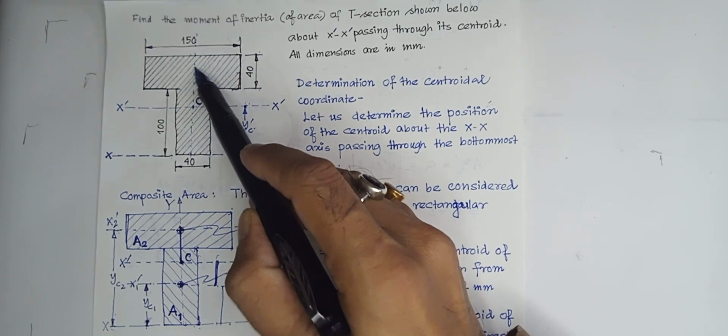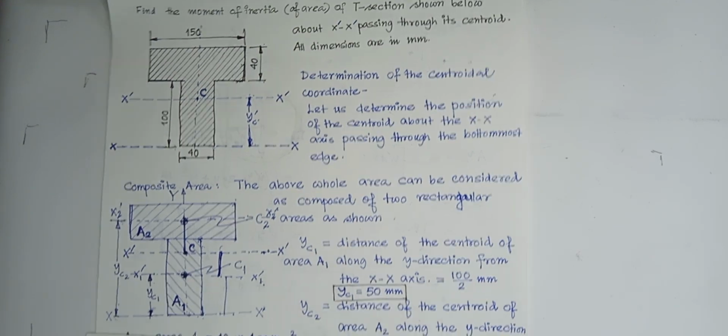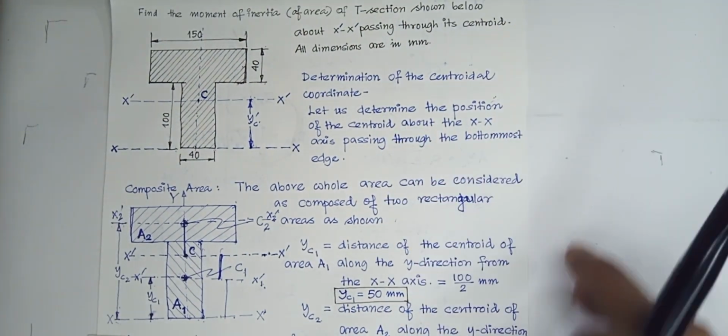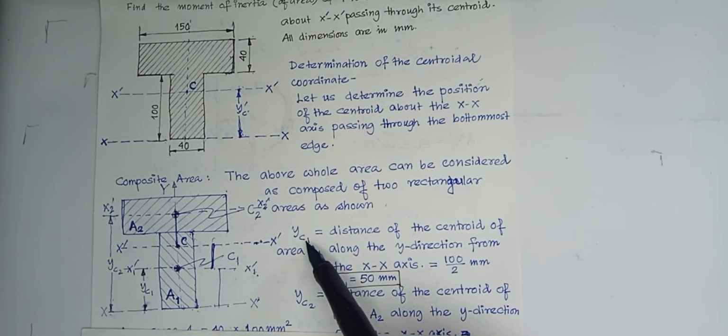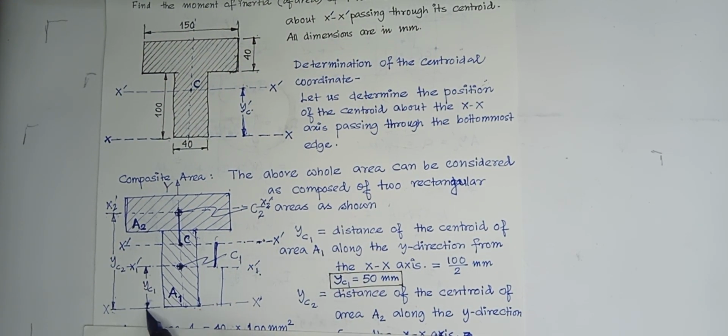One is here, another is here. These two are known, but this is not yet known. We will determine this using the centroid of the known rectangles. Okay, so what is yc1? Yc1 means distance of this centroid from this line. So that is known because this area is regular, so I know it.